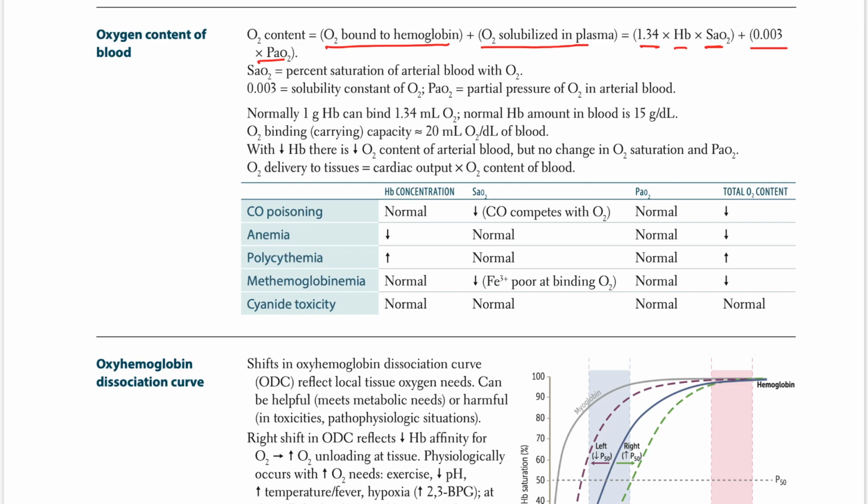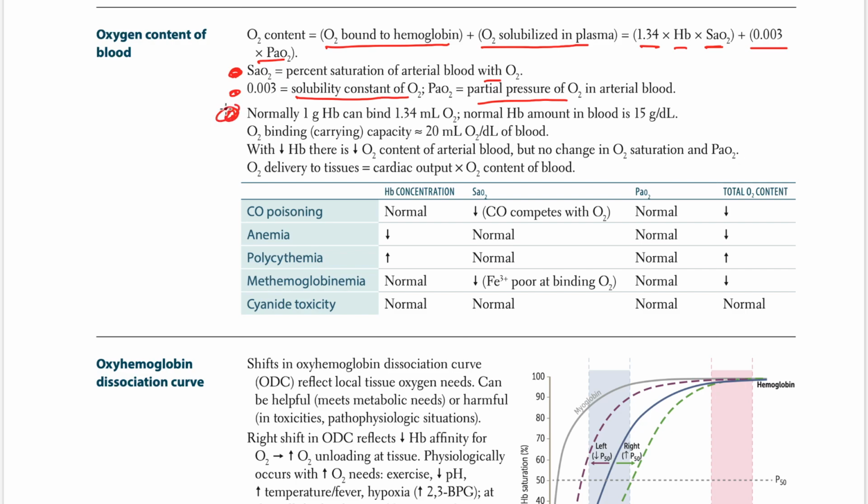This is just a formula. You just gotta know this. So what is SaO2? SaO2 is the percent saturation of arterial blood with O2. Where do we get 0.003? It's the solubility constant of O2. PaO2 is the partial pressure of O2 in the arterial blood.